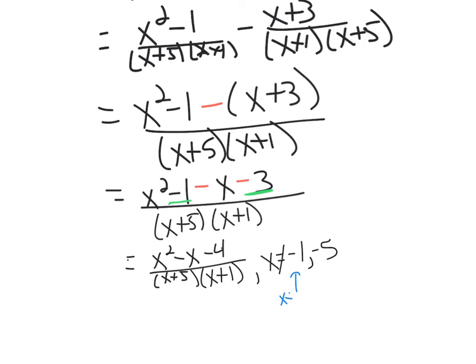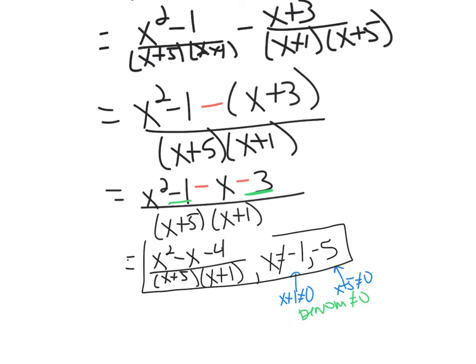Both of these are because the denominators cannot equal 0. So final simplified answer: x squared minus x minus 4, all of that divided by x plus 5 times x plus 1. But we have the restrictions, some vertical asymptotes. X cannot equal -1 or -5.